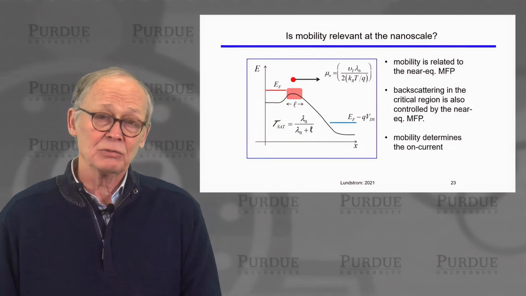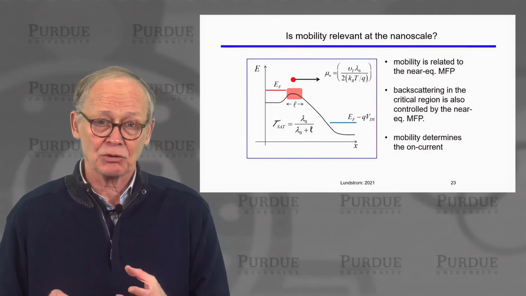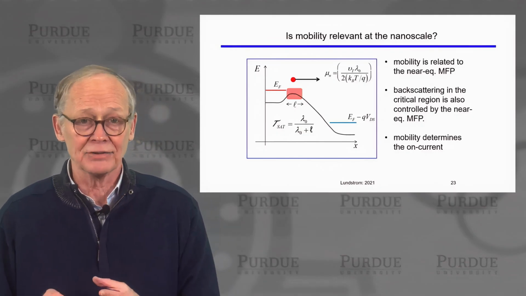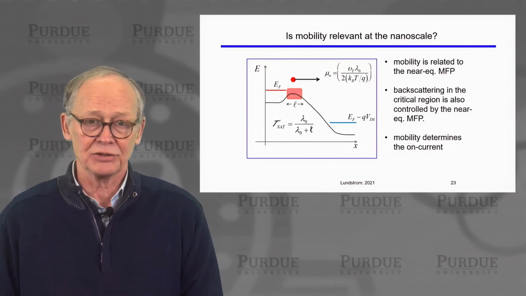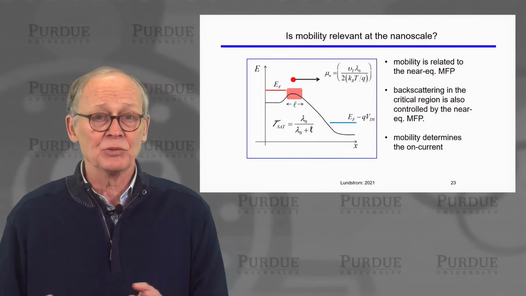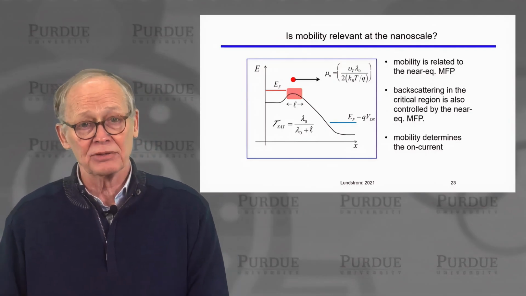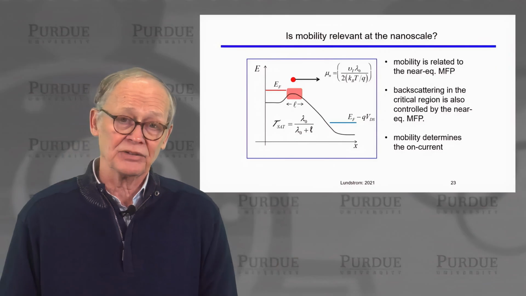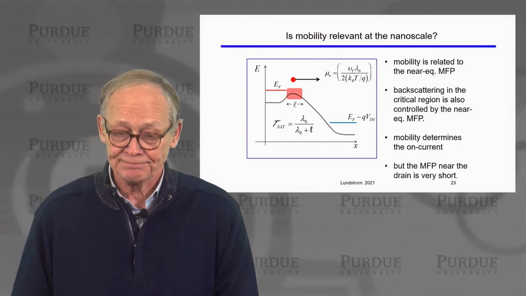So for that reason, the mobility does, in fact, have a strong influence on the on current of a MOSFET under high VDS conditions. So mobility is a very important parameter. If we find ways through strain or whatever to increase the mobility of the material, we can expect an increase in drain current in very short channel transistors.